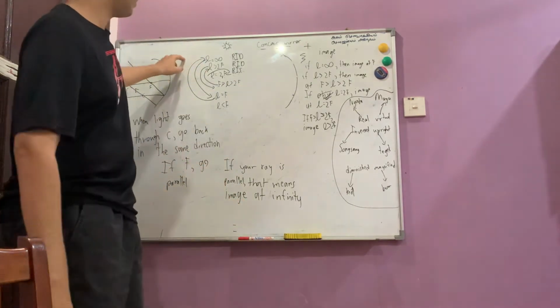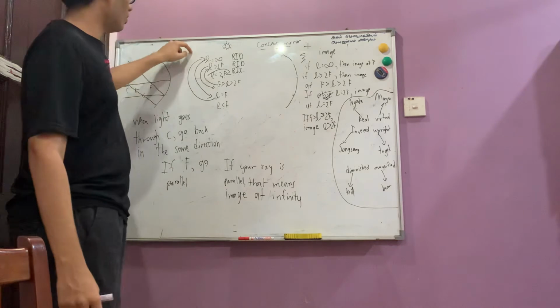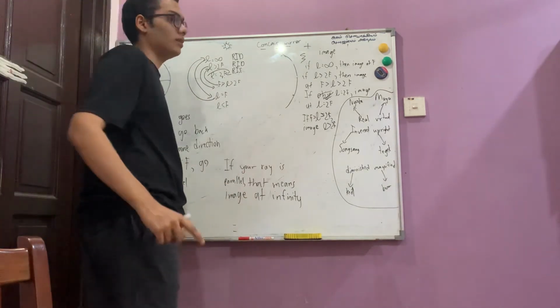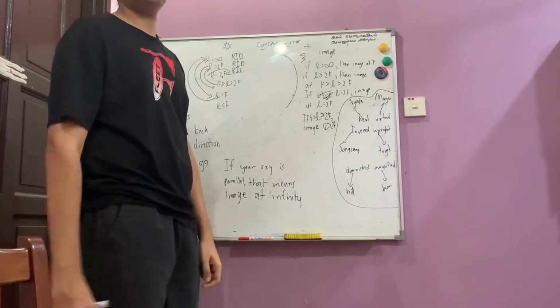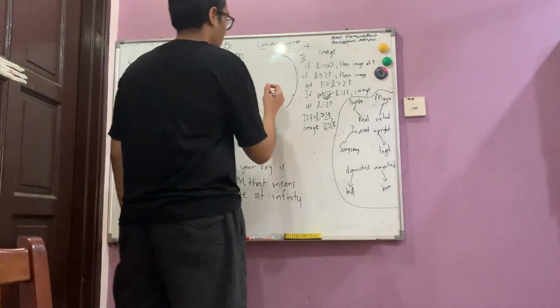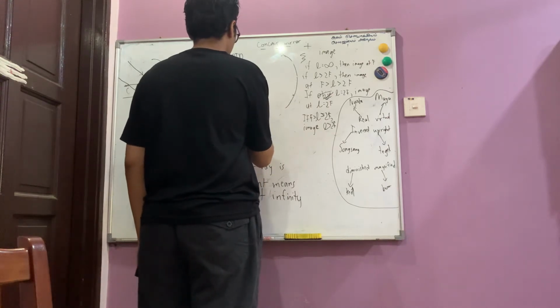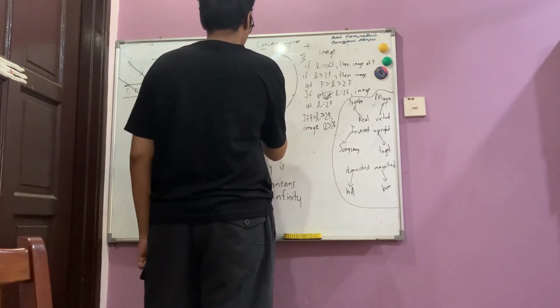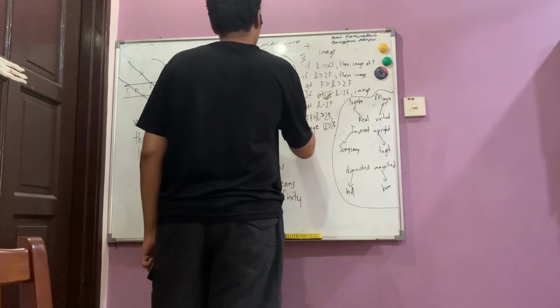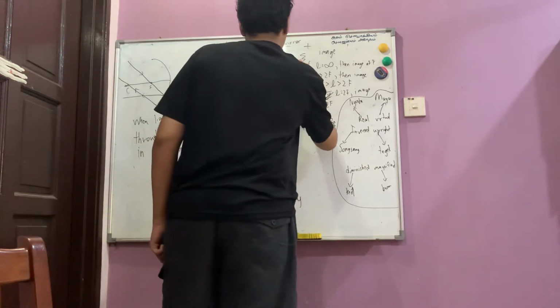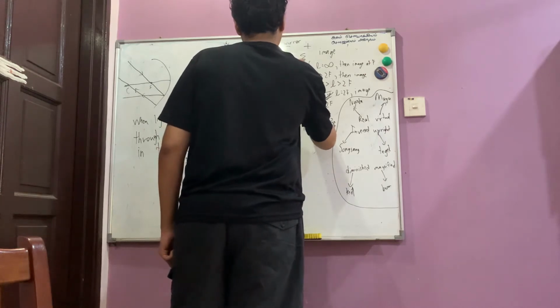For concave mirror, there were 6 types of position, whereas for convex mirror, any position will get you the same type of image. So I'm only going to do one contour for convex. And then you go like this, F, and go like this, C, and I put one long image here.